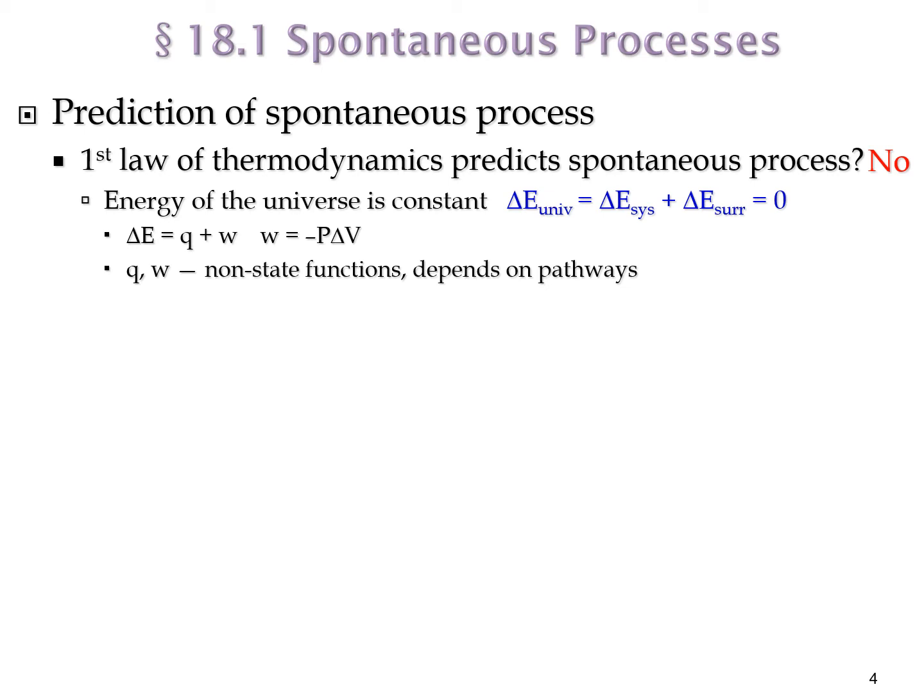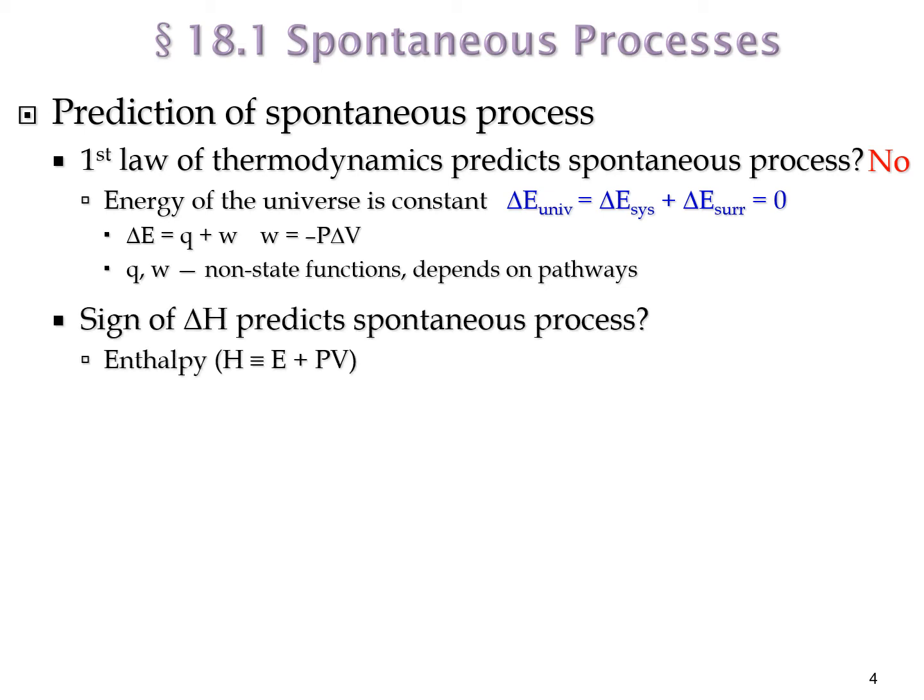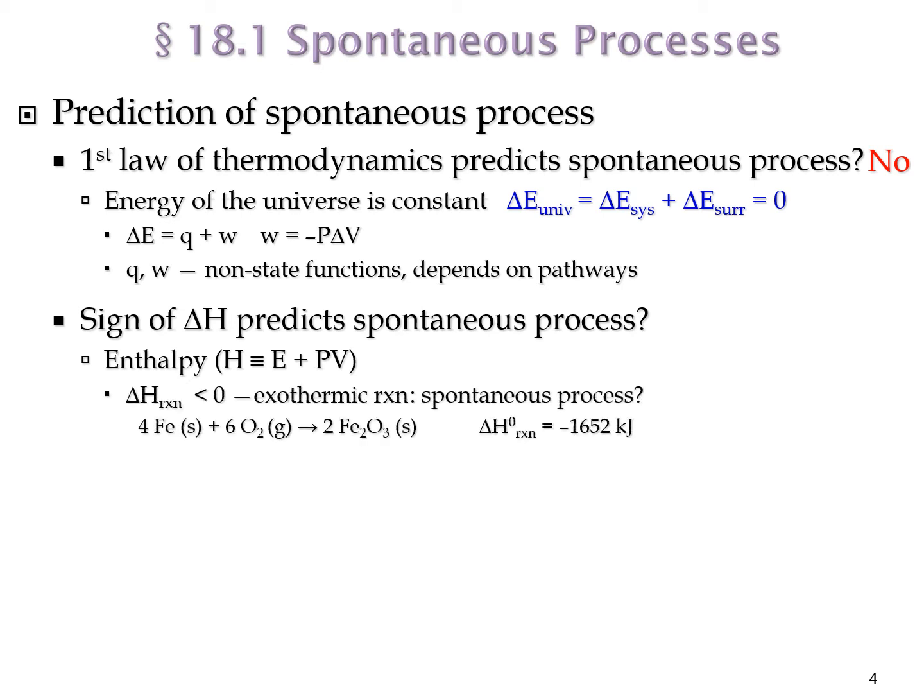All right, what about the sign of delta H, the heat of the reaction? Remember, H is the enthalpy, and delta H is the heat of the reaction. If delta H of the reaction is negative, everybody understands it's an exothermic reaction. Would that be a spontaneous process?